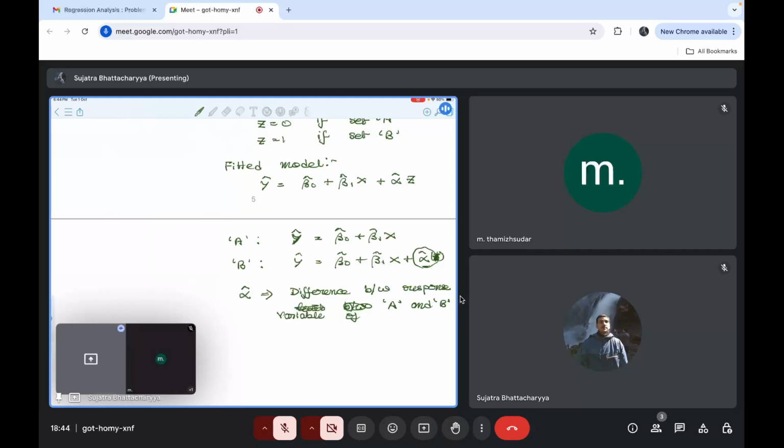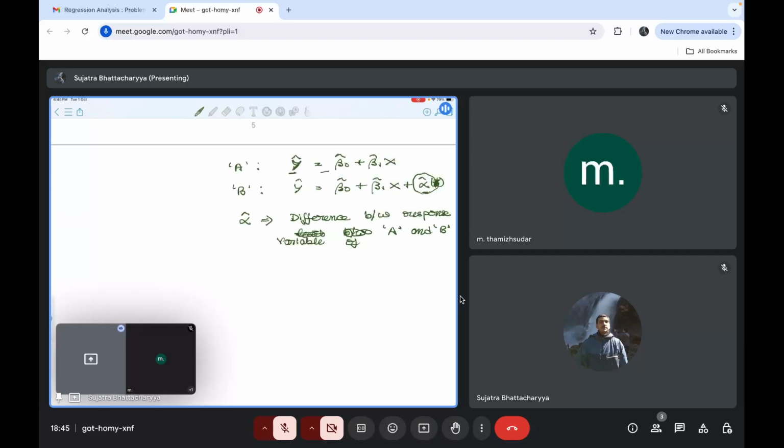For set A, the response variable is y hat, beta naught hat plus beta 1 x. For set B, you have the response variable y hat, which is beta naught hat plus beta 1 x plus alpha hat. So if you subtract these two response variables, what you get is alpha hat, right? Because beta naught hat cancels, beta 1 hat cancels. What you are left with is alpha hat. So that's why you can say that it is the difference between the response variables of A and B.